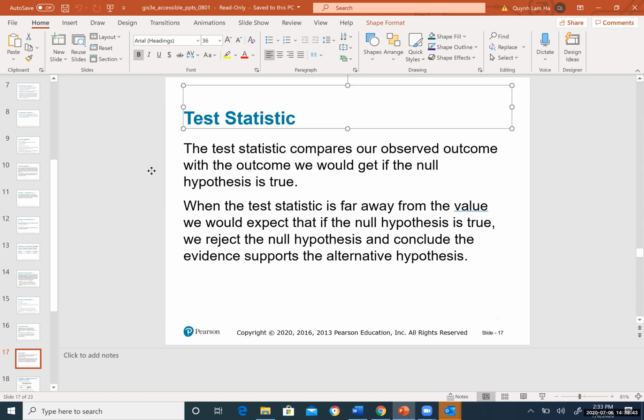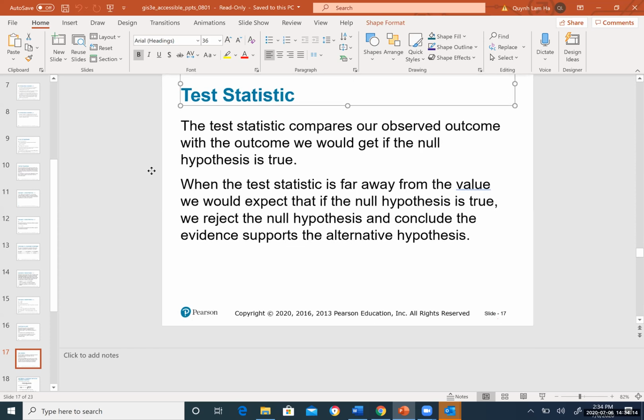But for this case, for the population proportion, I think the z-value will involve the square root of p times q, where q is the opposite of p. Again, I don't want to say it wrong, and I might forget it, but later they will have the formula for us, so I don't want to read you the wrong thing.